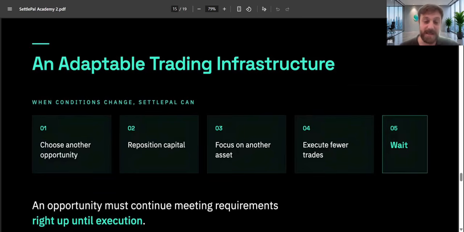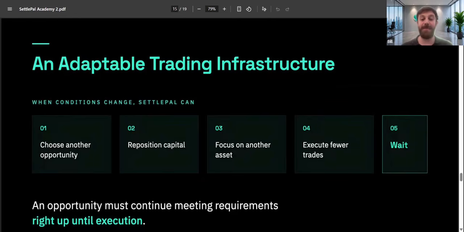Or, of course, it may simply wait. The important point is this: an opportunity must continue meeting all these requirements until execution. It's not enough solely for the trade to look good when it first appears. It has to remain strong throughout that entire process.